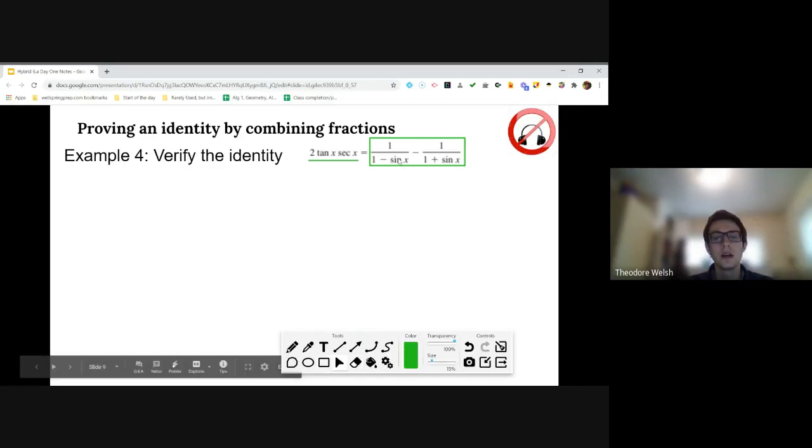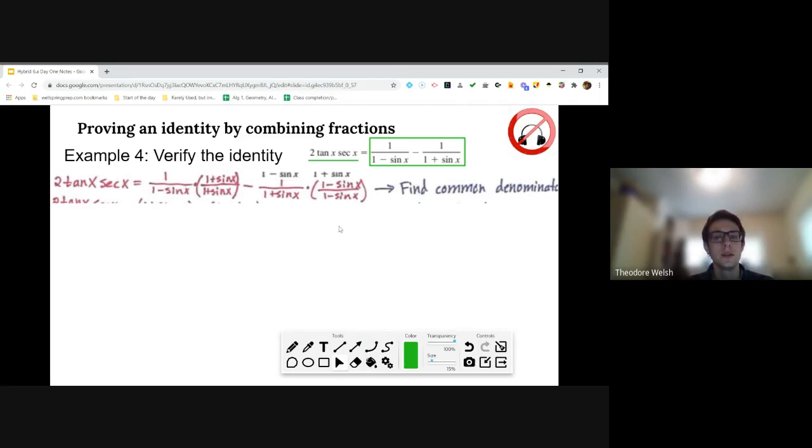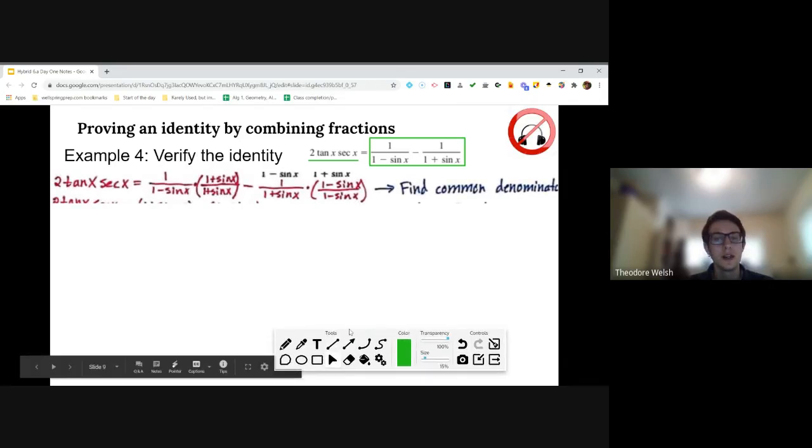So what I want to do here is combine these fractions, so that means get the same denominator. So I'm going to multiply the first fraction by 1 plus sine of x over 1 plus sine of x. I'm going to multiply the second by 1 minus sine of x over 1 minus sine of x, so that I can have the same denominator. So what I'm doing here is getting a common denominator.